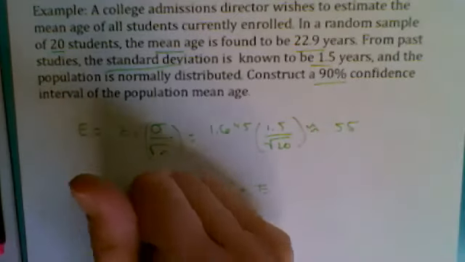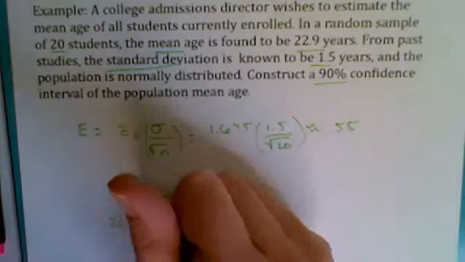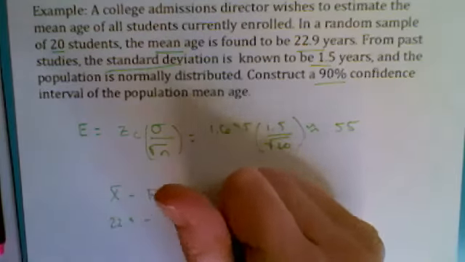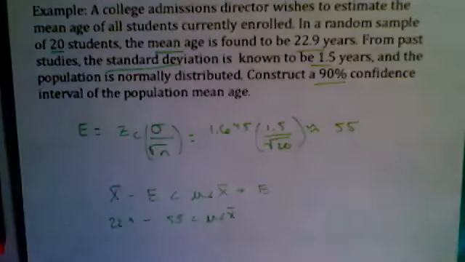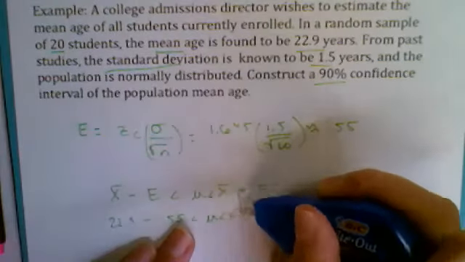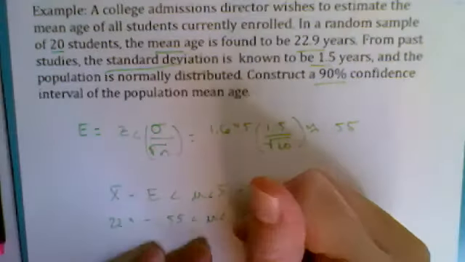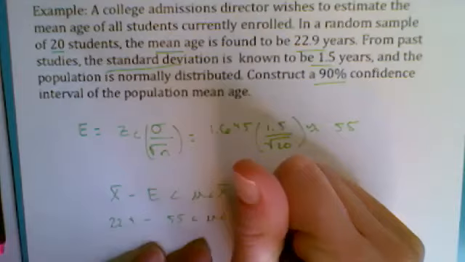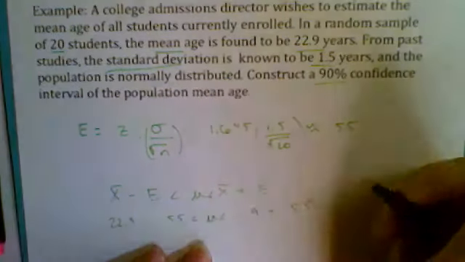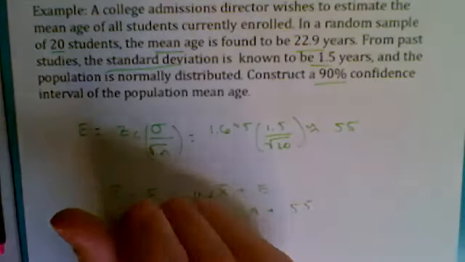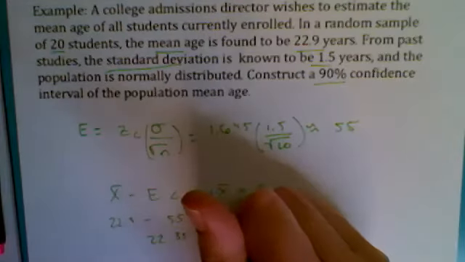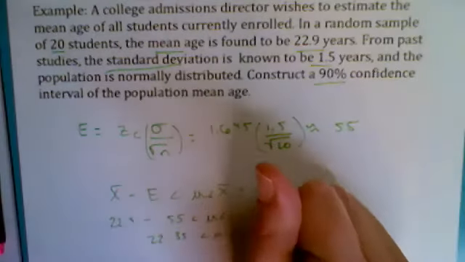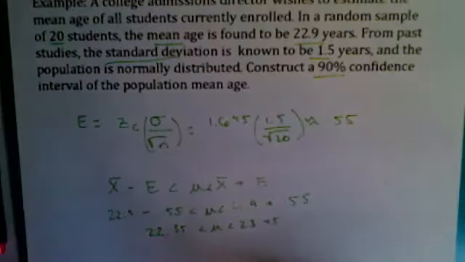So 22.9 minus 0.55, and I keep forgetting my second sign, 22.9 plus 0.55, which will give me 22.35 and 23.45. All right, so let's write our sentence.